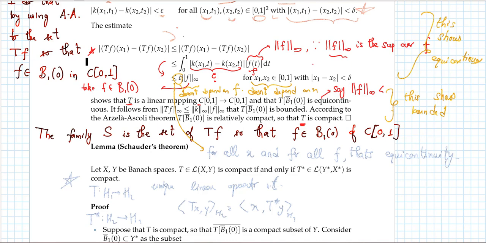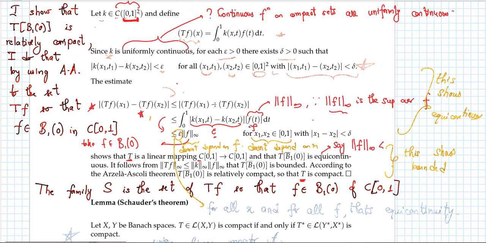Now if I do so, then I see that T(B(0,1)) is equicontinuous. How would I say that? When I look at this definition, I see that this Tf is an element in C[0,1], because f is in C[0,1].